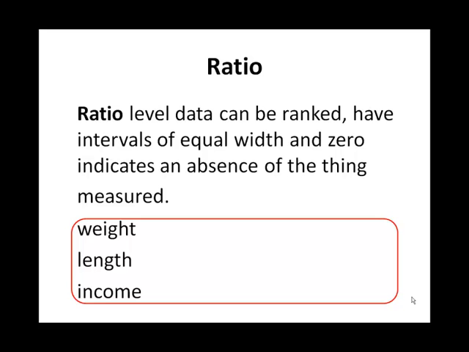So I could be unemployed, have used up all my benefits, and be in a situation where I draw no income whatsoever, or I could have some income like $500 a day or what have you, right? But these are some examples of ratio level data. In all three cases, weight, length, and income, 0 indicates the lack of something.